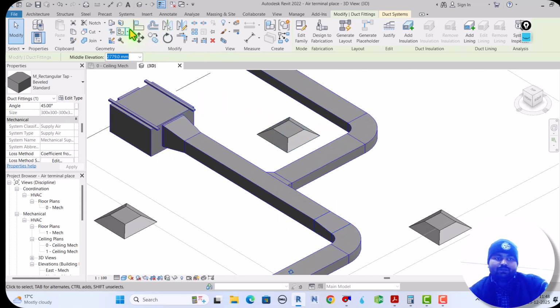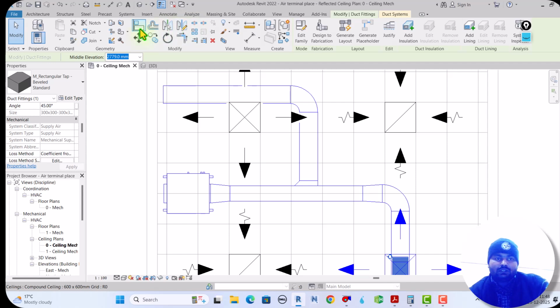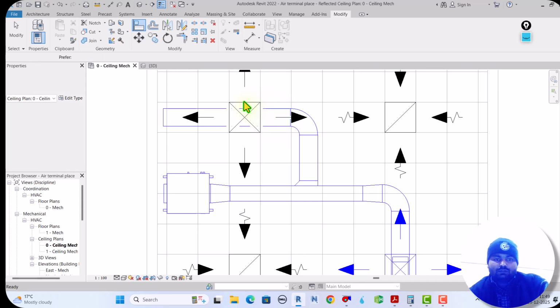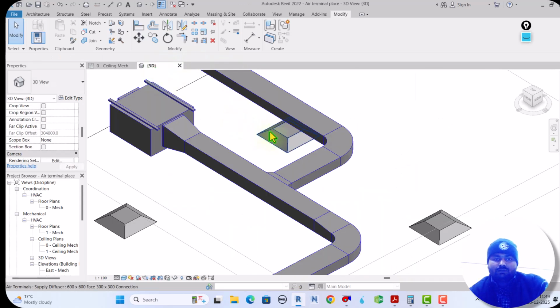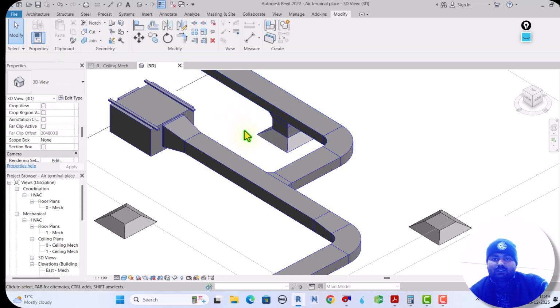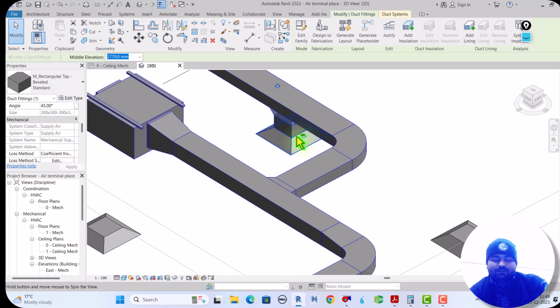Also this one we can connect here, come to the align here and tab. Okay, now come here and connect to the duct. Okay, click this one, select and rotate.